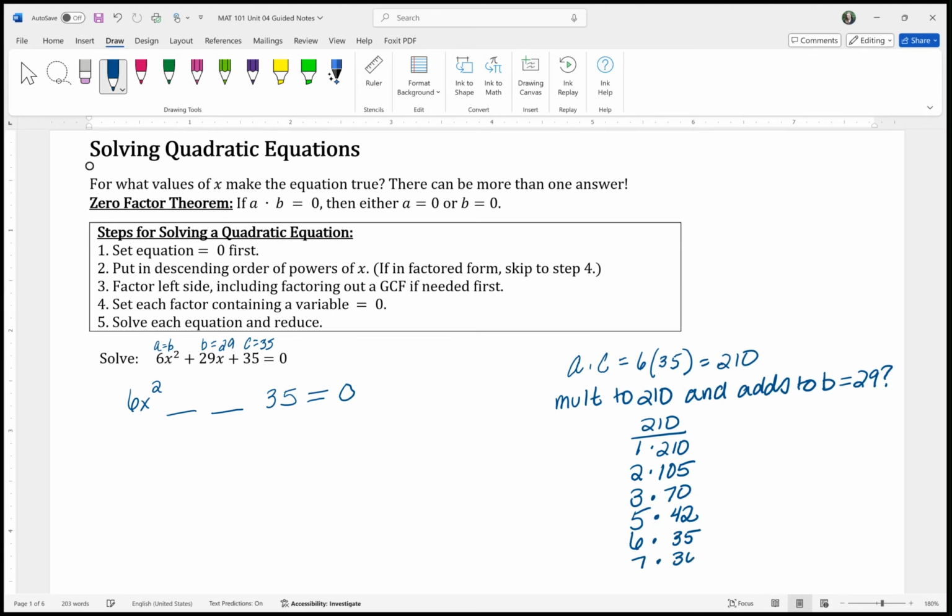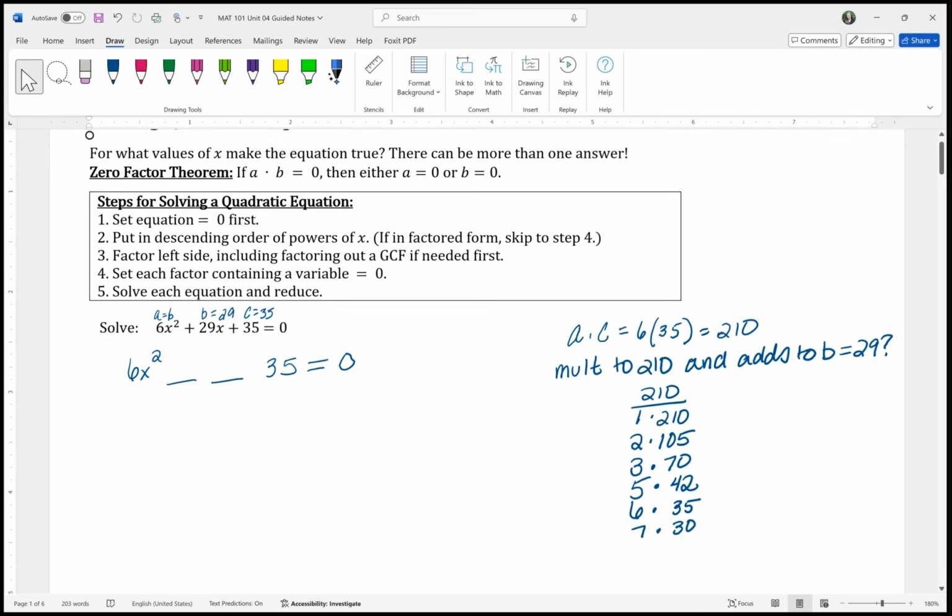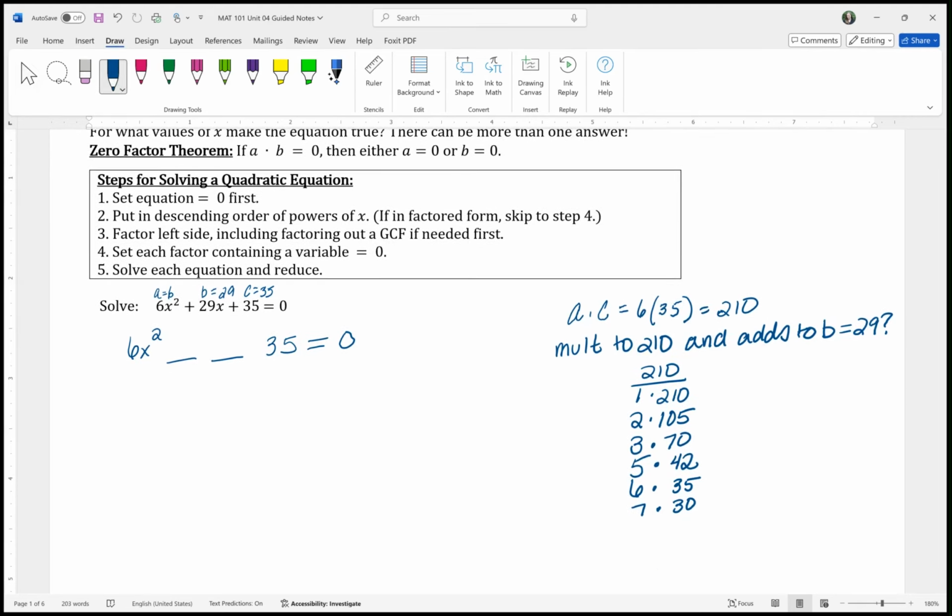We're getting closer, so you're kind of doing this little check every time. You're like, okay, does this add to 29? Well, we're not there yet, but we're getting closer. Let's move this up a little bit so I can see. Okay. And then let's do 210 divided by, so that was 7. Let's try 8. 8 gives us a decimal, so 8's not going to work. Let's do 210 divided by 9.